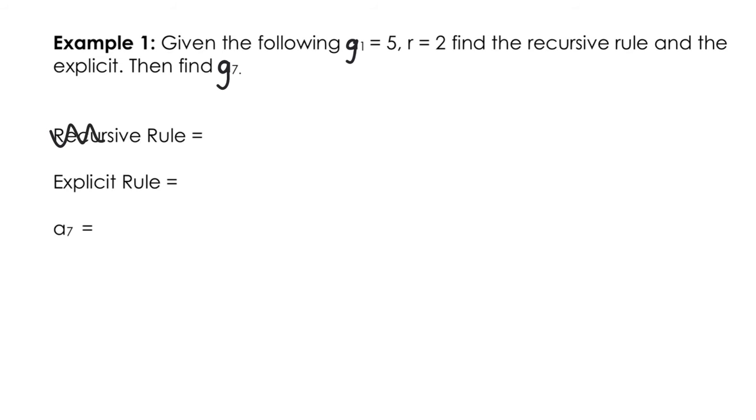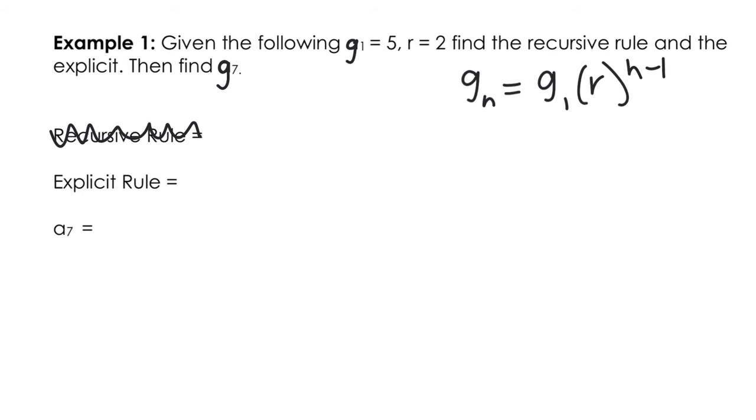And remember, we're just going to focus on that explicit formula this time. We're not going to really look at the recursive. So that rule for explicit was g sub n equals g sub 1 times r to the n minus 1. What's really nice about this equation is once we plug our numbers in, we're going to leave it exactly how it is. We don't have to simplify anything.